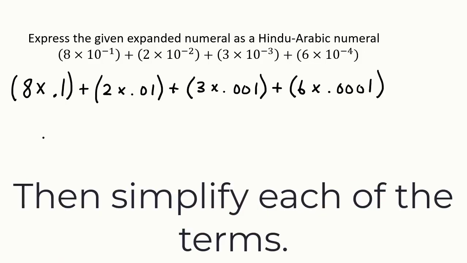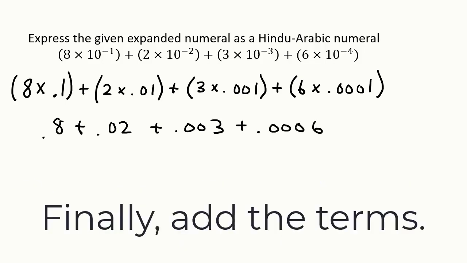Simplifying each of these terms, we end up with 0.8 plus 0.02 plus 0.003 plus 0.0006. This gives us the Hindu-Arabic numeral 0.8236.